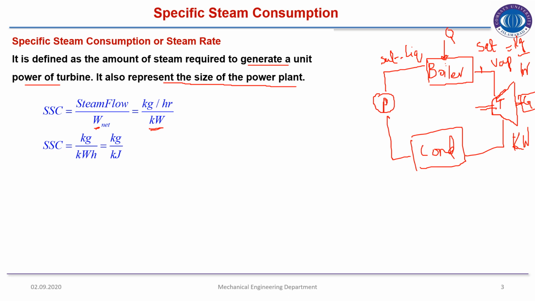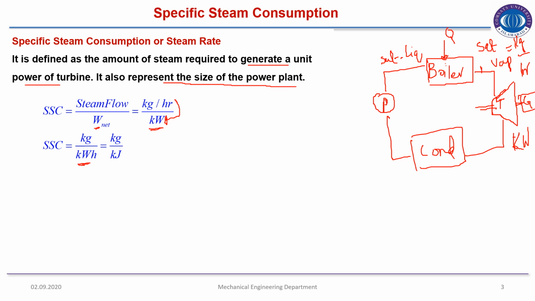So how much kilogram of steam is flowing through the turbine per hour? The hour term comes into the denominator, so in the denominator the units are kilowatt hour. This is the unit of energy.